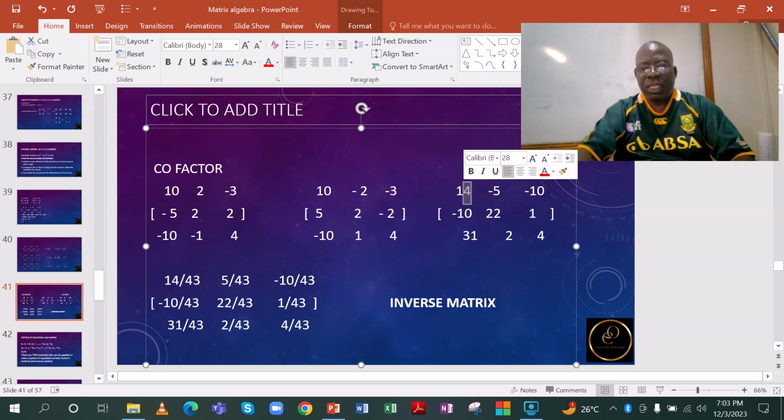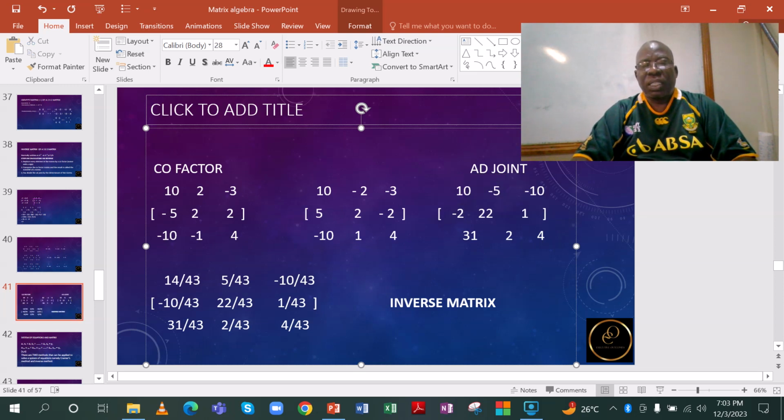So we have 10, negative 2, then negative 3, then the next one will be 5, which is a 5 here, then 2, then negative 2, then you have negative 10, 1 and 4.